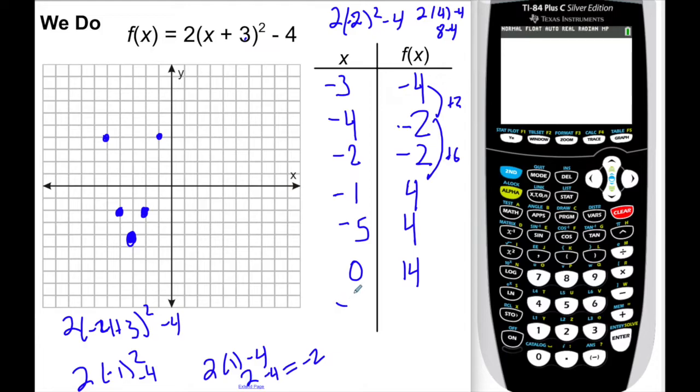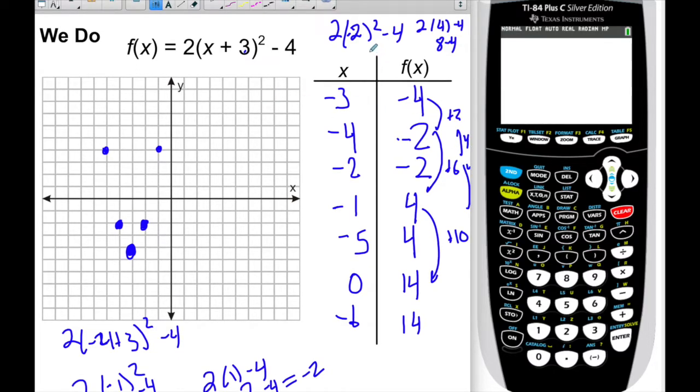And when you plug in negative 6, you're also going to get 14. So now it's going to go up by 10. See now the change of the change is 4. See how it's constant?